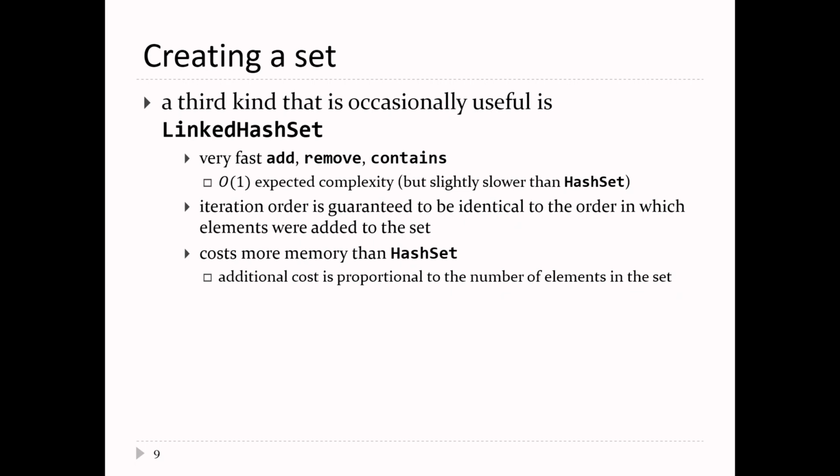So iteration order is guaranteed to be identical to the order in which the elements were added to the set. This lets you keep some kind of order over the elements of the set. The problem is that the way this does this is that it basically keeps a linked list of the elements. So this takes at least twice the amount of memory, roughly twice the amount of memory as a HashSet. So it's more memory intensive.